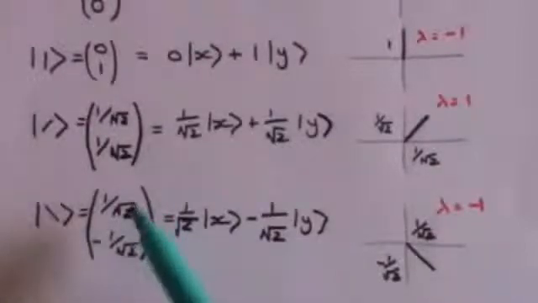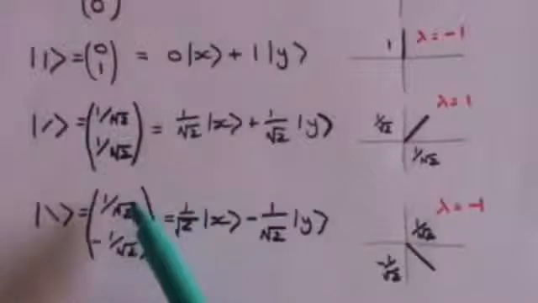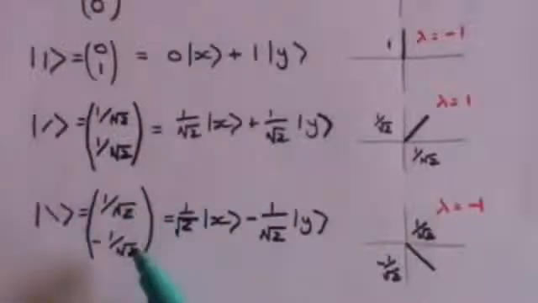So these values in this vector here simply represent the probability amplitudes of a photon prepared in this state going through either the x, i.e. horizontal, or y, i.e. vertical polarizer.